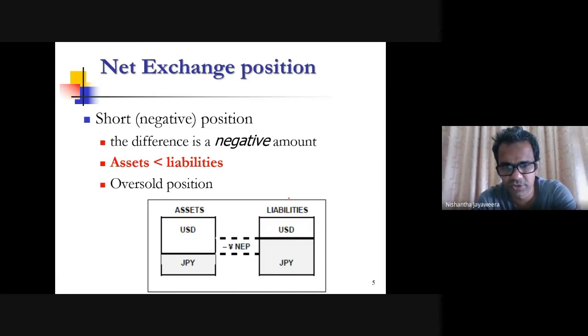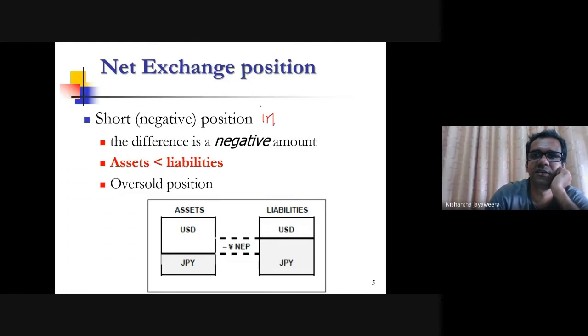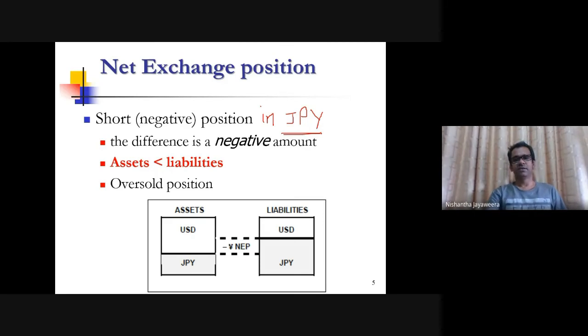In dollars, it's a positive position, but in yen, you have fewer assets and more liabilities. In yen, it's a negative position. So that's why I mentioned the currency is important. Whenever you say you have a positive NOP or negative NOP, it should be clear which currency you are talking about.